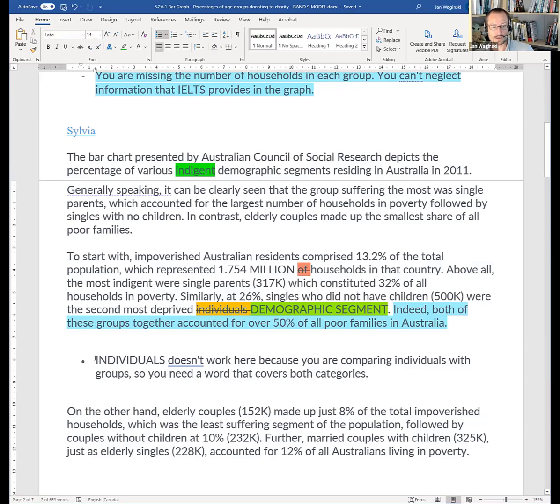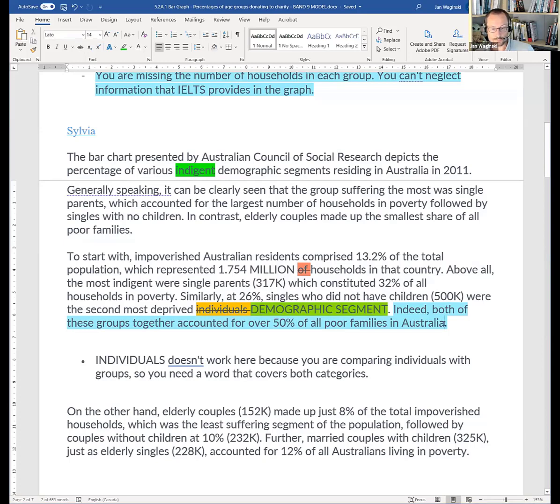So I wrote here, she had individuals written down, and it's true. Singles who did not have children. Obviously, if you're single, you don't have kids, you're not really a family, you're a single person. But when you're comparing singles to couples or singles with kids, what single word or phrase captures both of those things? So demographic segment works.